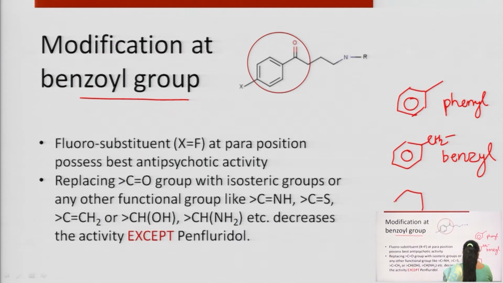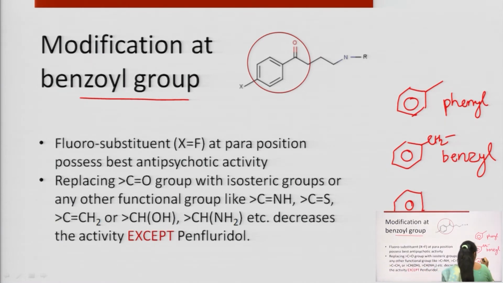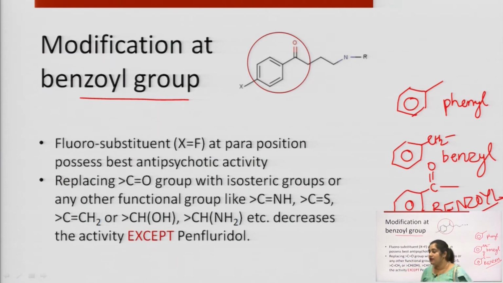Similarly, when we add a carbonyl group here, this is the benzoyl group. So, a benzene ring with a C double bond O group is the benzoyl group.